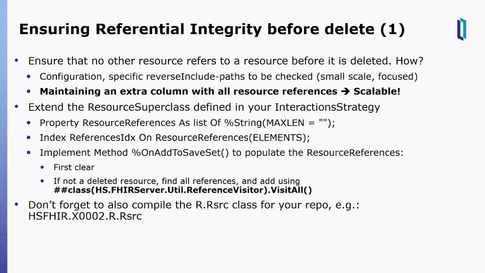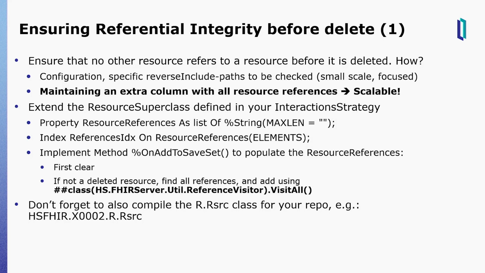So that's one table where for each resource, all the references it has are known. Because the problem is a little harder, right? Imagine the case where an observation points to a patient. How do you know that you can safely remove that patient without breaking links? Well, you have to query in some way. And by this mechanism where we store the references in an extra column, that was a really simple query.